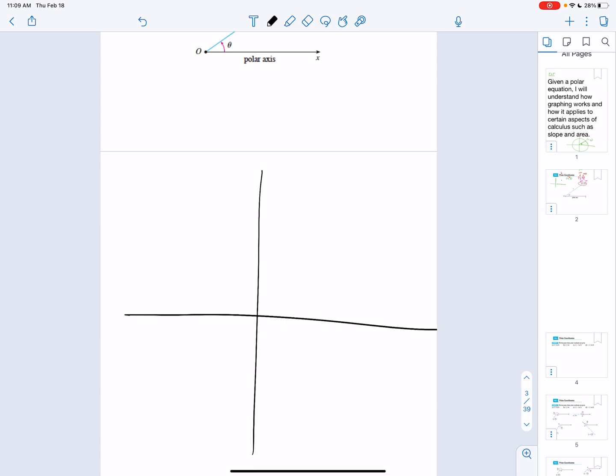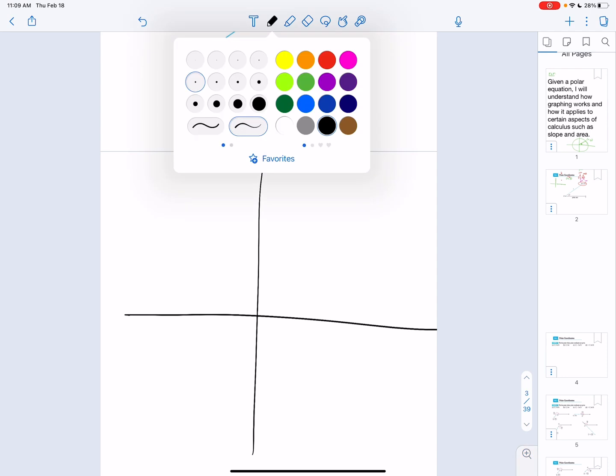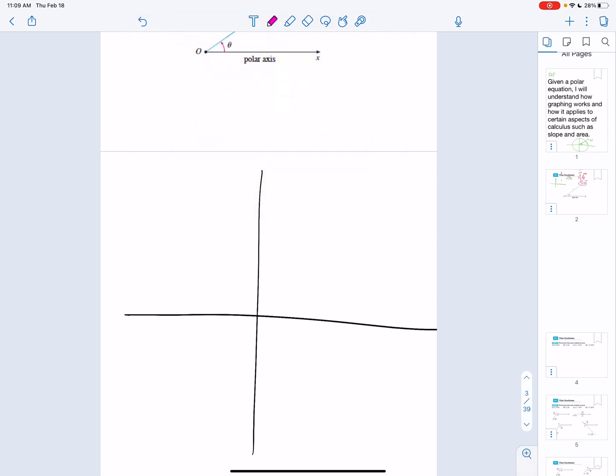So if you recall the unit circle, these are some things that you need to know. There were quadrantal angles, okay? So we're only going to be dealing with radians here. So it was 0. And half a circle would give me pi, and a full circle would give me 2 pi. Okay? Half of a half circle is just pi over 2.